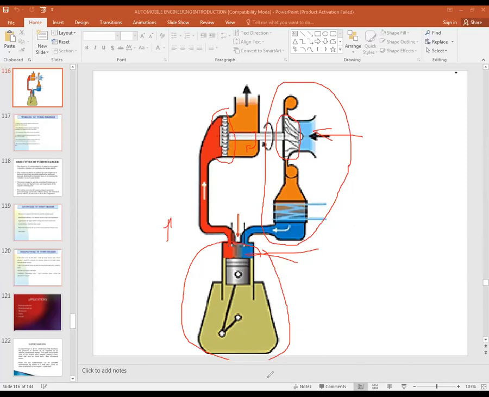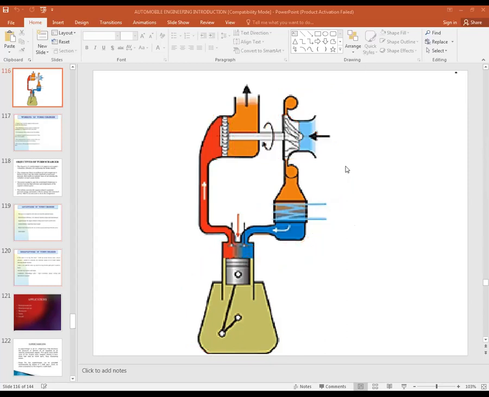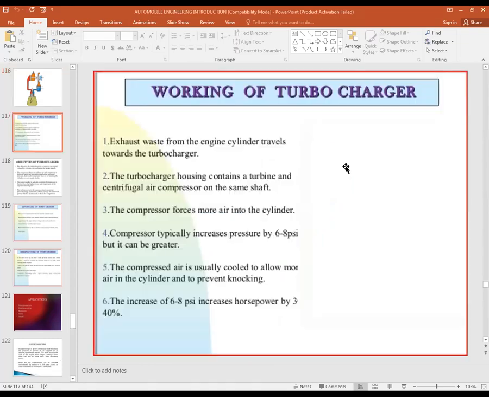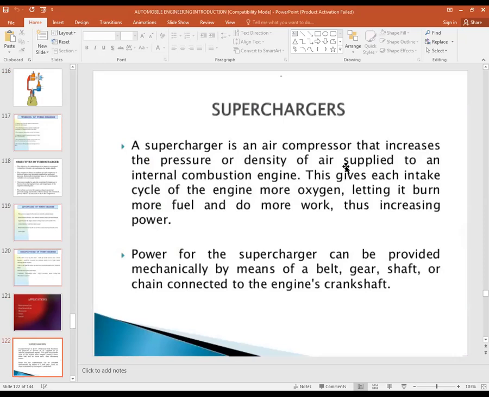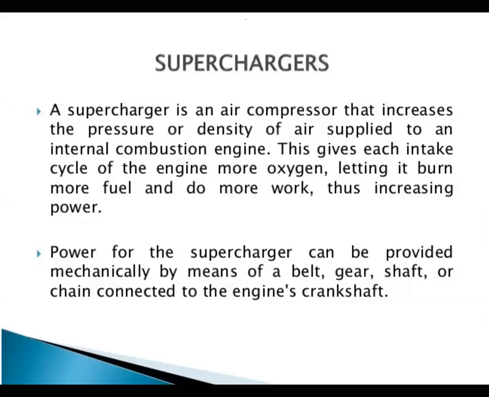Next topic. This is a similar topic, called supercharging. Sometimes there is a question asking you to explain the difference between a turbocharger and a supercharger. Both are processes used to increase engine efficiency and reduce fuel consumption, so that there is a saving of fuel.